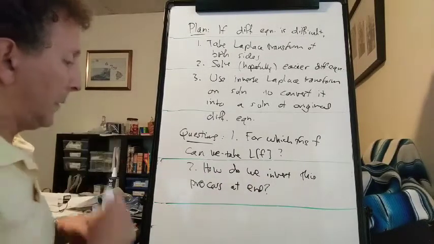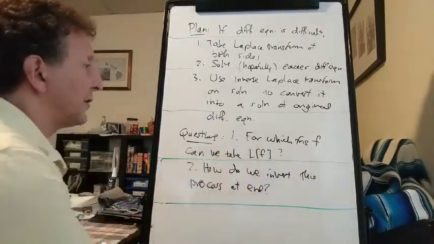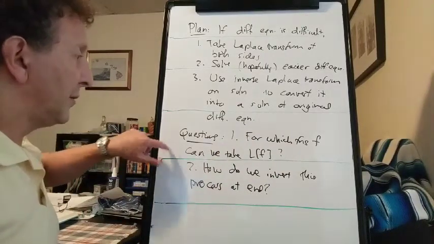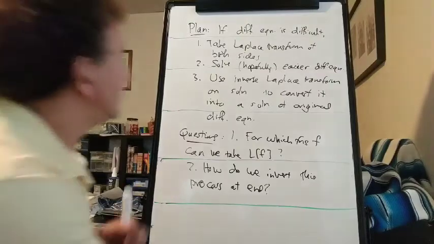All right, so let's look at, first of all, which functions we can take a Laplace transform of. So it turns out it's going to be almost all the functions that we want to.